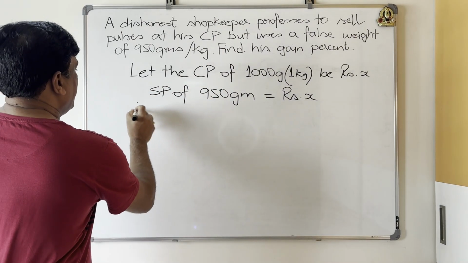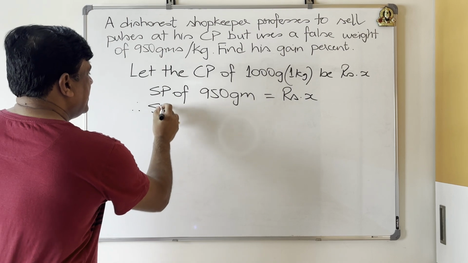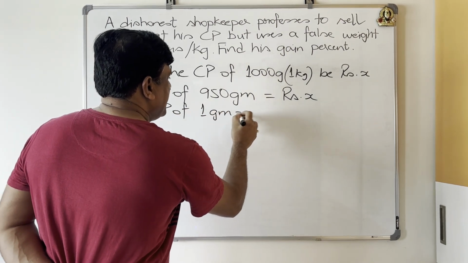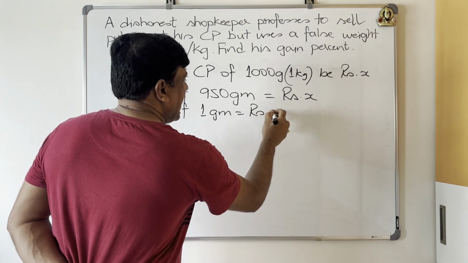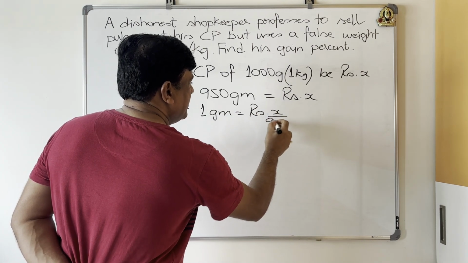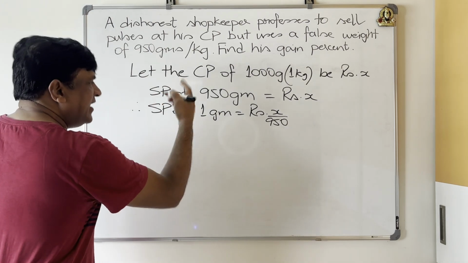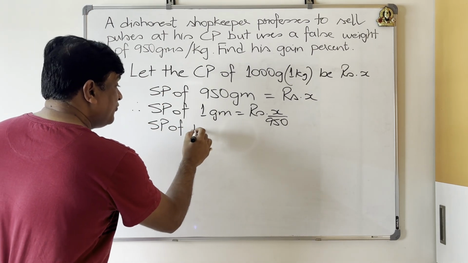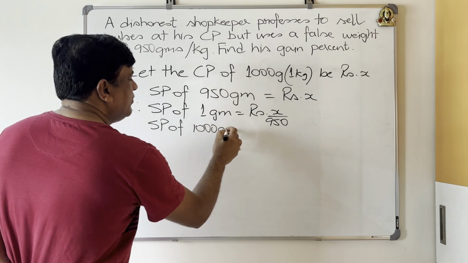Therefore, you can calculate the cost of 1 gram. Selling price of 1 gram should be equal to how much? Rupees X by 950, right? And if I want to calculate the actual selling price of 1000 grams, what will be the cost?